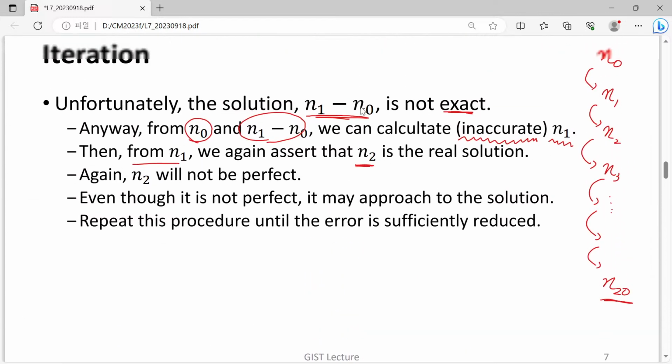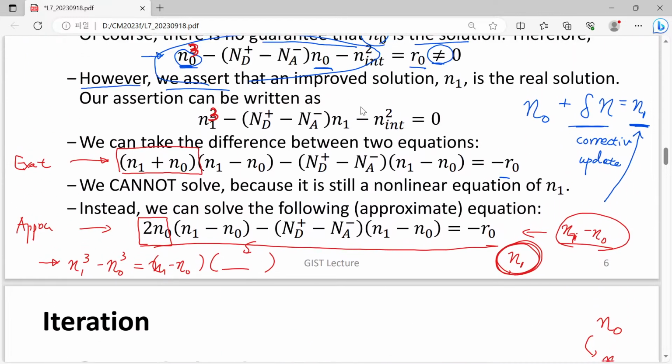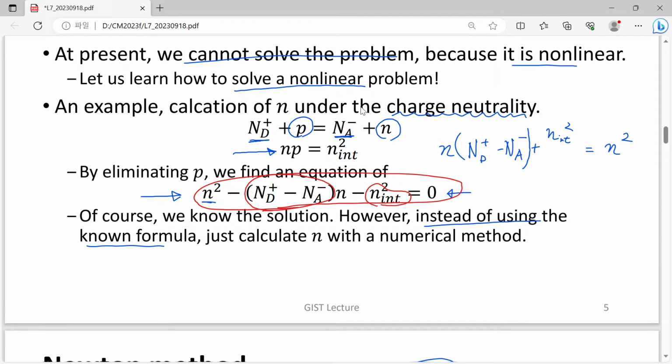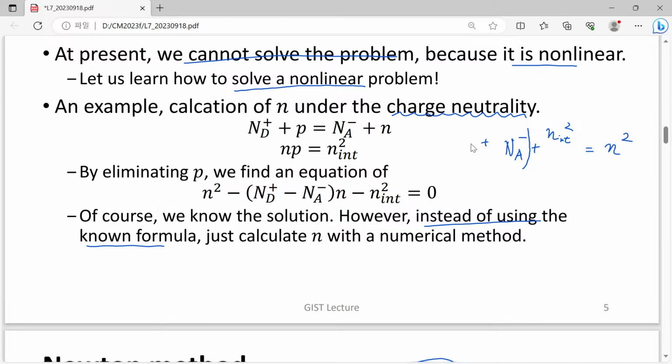So let's come back to our system. I wanted to ask you the question. If you have to solve this equation, then what will be your initial n value? Okay.